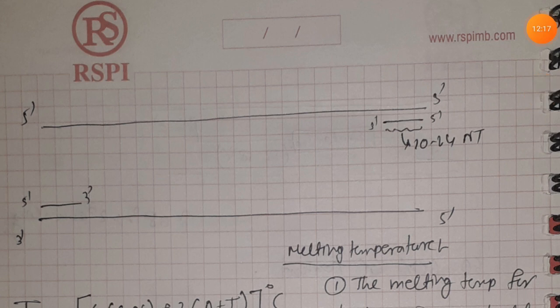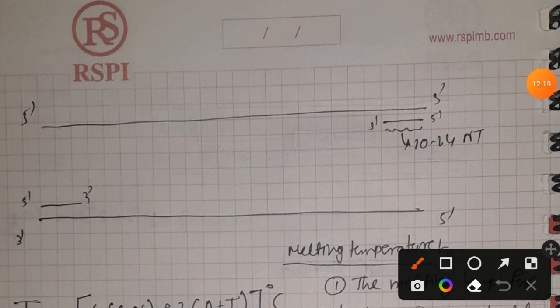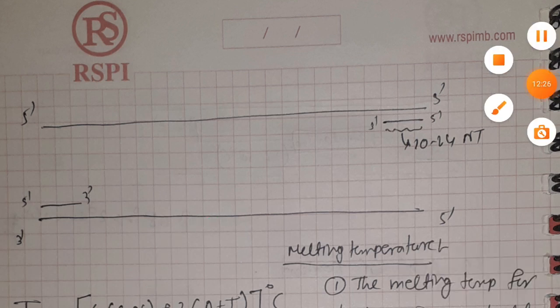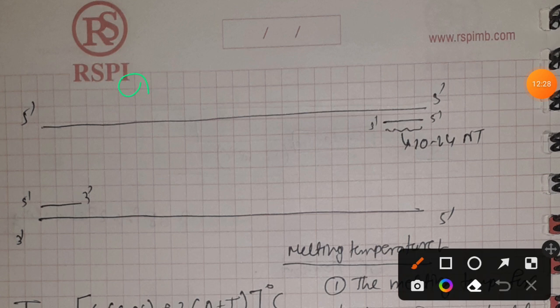Now another important thing: during the numerical that I did to explain that formula, I told you that as we have taken 9 nucleotides, we obtained a melting temperature of 26 degrees centigrade.